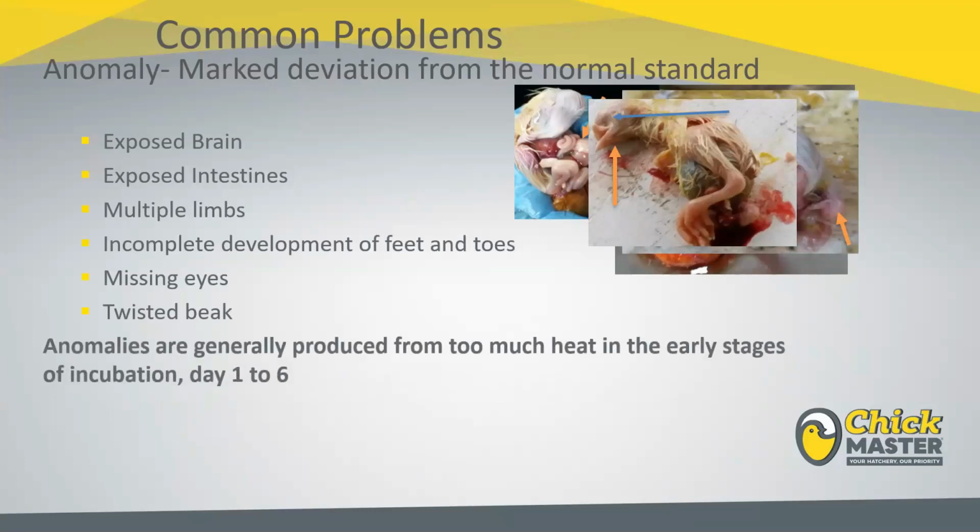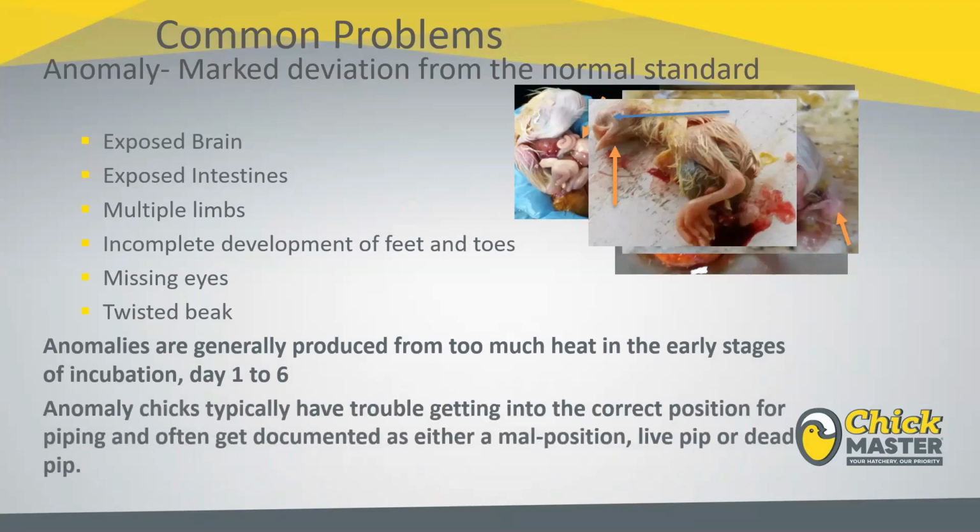So anomalies are generally produced from that early heat in the first 6 days of incubation. And what we recognize is that anomaly chicks typically have trouble getting into correct position for pipping and often get documented as either a malposition, and a lot of times they'll pip and they may still be alive or they may be a dead pip.